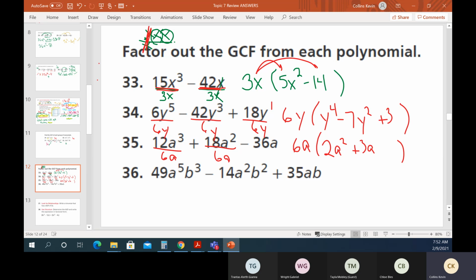Cool. And last guy, we've got minus 36 over 6a, so we know the a's are going to cancel. And then negative 36 divided by 6 is going to be minus 6. And that's your guy. And again, if you multiply this stuff back together, if you distribute this guy back through it, you'll end up with what you started with.